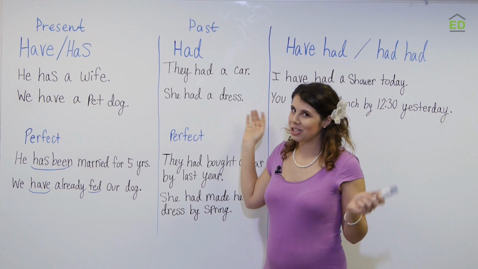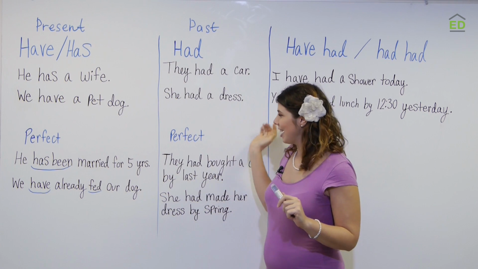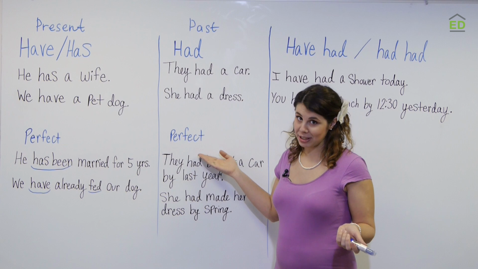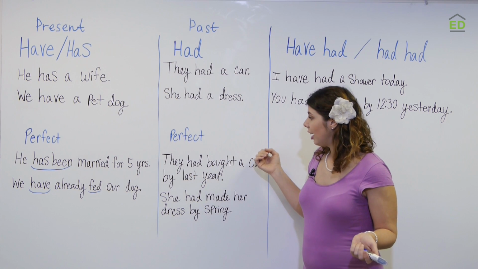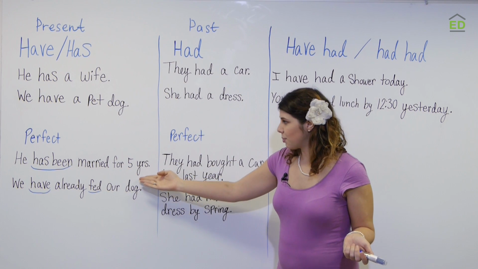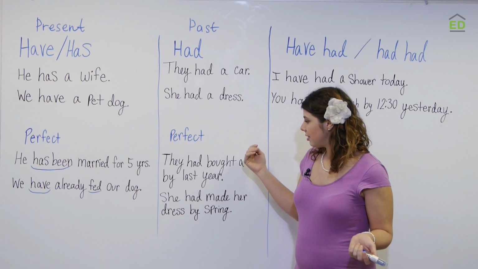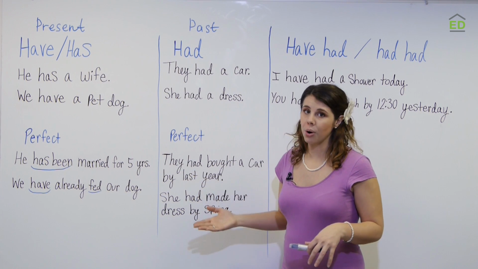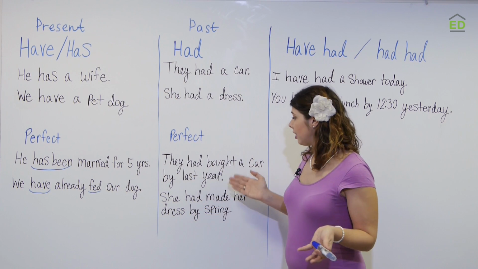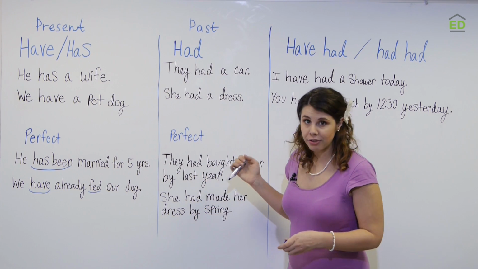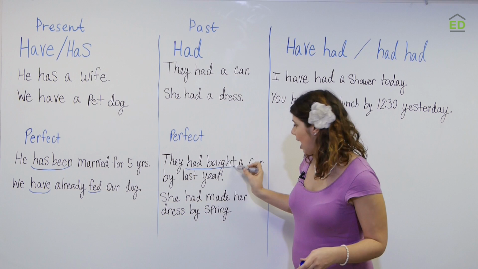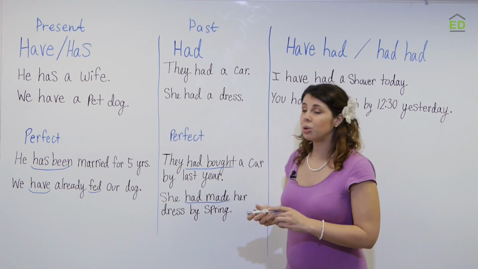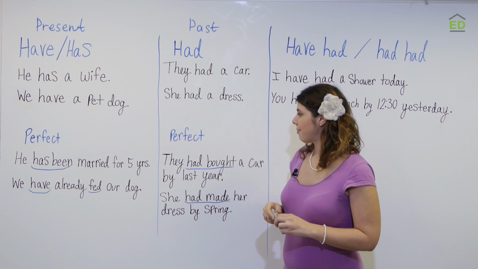So now let's challenge ourselves again and take a look down here. So now let's take a look at the past perfect. Here, just like this one, had loses its meaning. It doesn't mean to possess or to own anymore. It is used with another verb as an auxiliary verb to create a new tense.